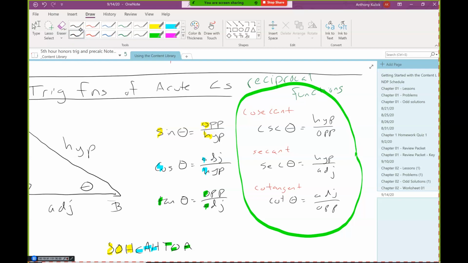Okay, Josh, you said something, but it was kind of quiet, and with the mask I couldn't understand you. Can you speak up a little louder? COT. Yep, cotangent, so COT. Again, perfectly reasonable thing.